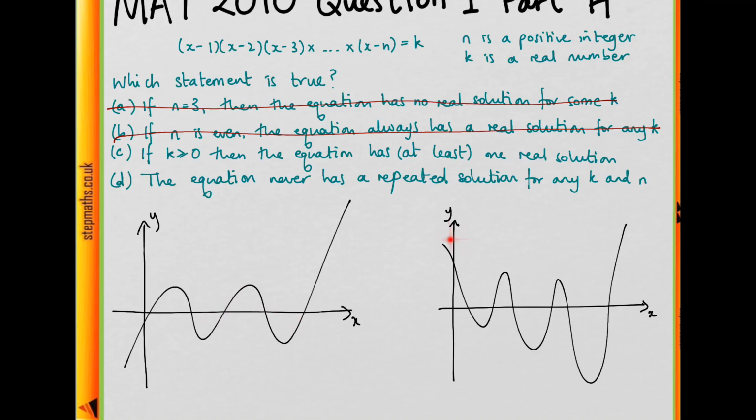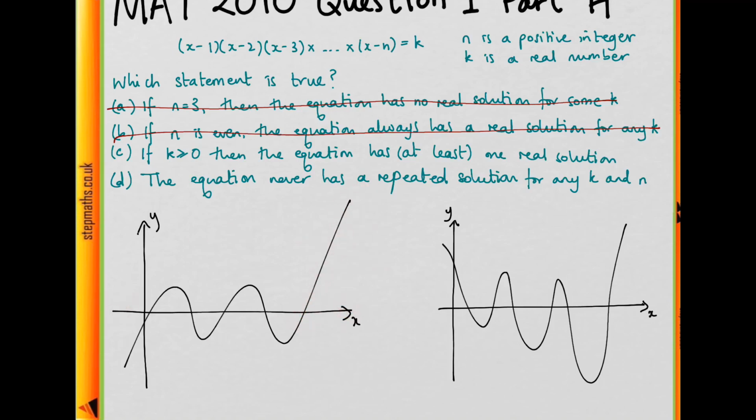Or it's going to be even, so it will go off to positive infinity when x goes to minus infinity or infinity, with some squiggling in the middle. And you can see that both of these graphs take every value from 0 upwards, right? So we know that this has roots at 1, 2, 3, and so on. So it's going to cross the axis, so it takes the value 0, and it also goes off to infinity when x goes to infinity.